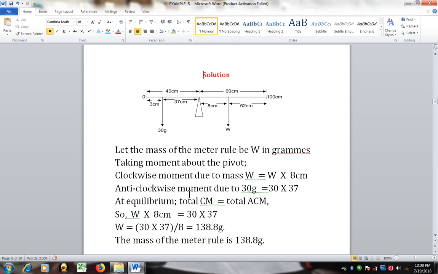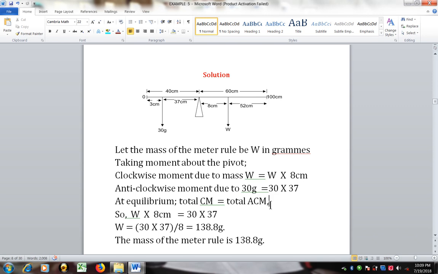So the anticlockwise moment due to 30 grams is the product of 30 grams and the perpendicular distance of 37 centimeter from the fulcrum, that is 30 times 37. This is the anticlockwise moment, while the other is the clockwise moment. At equilibrium, total clockwise moment is equal to total anticlockwise moment.